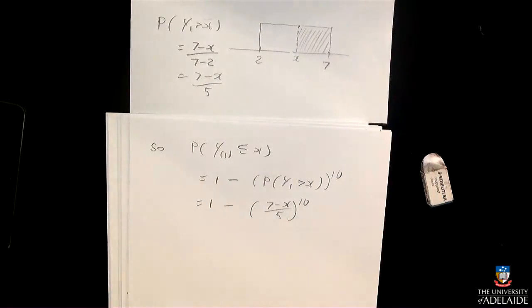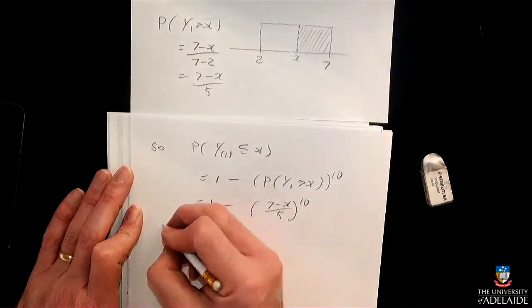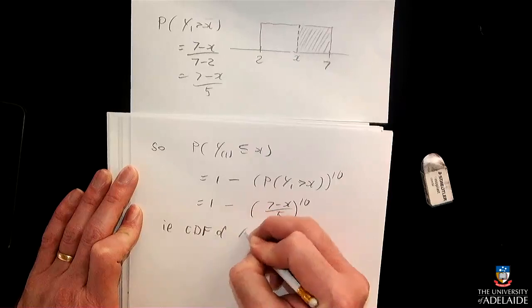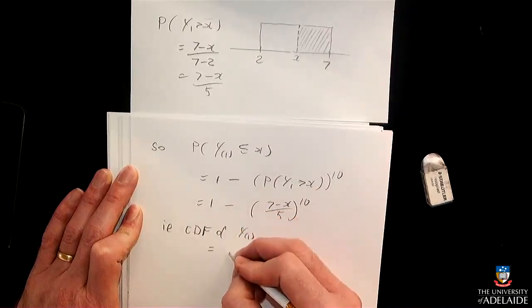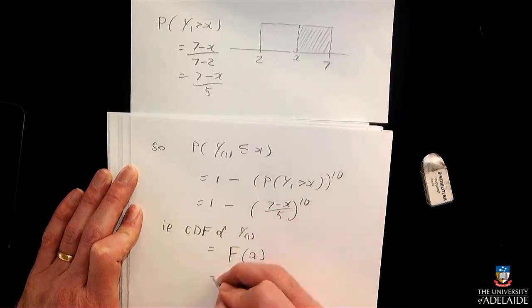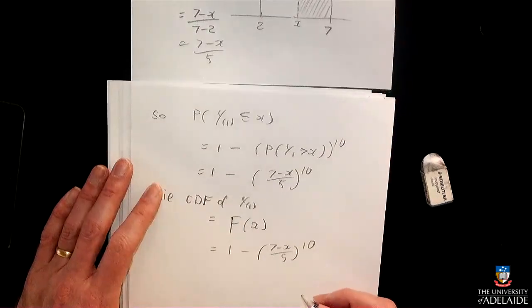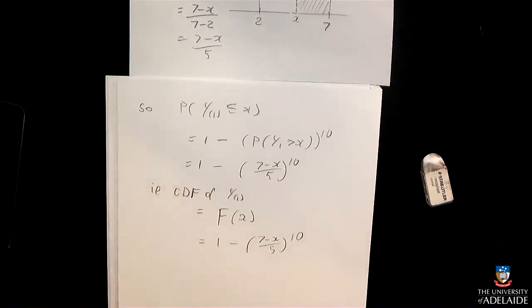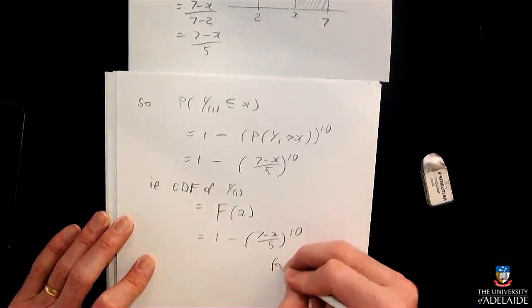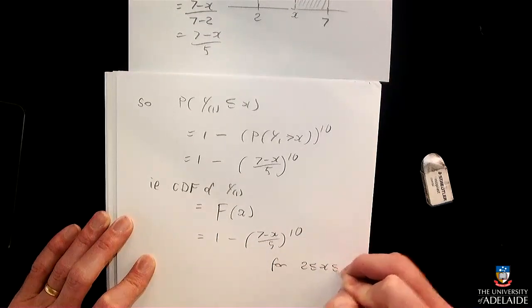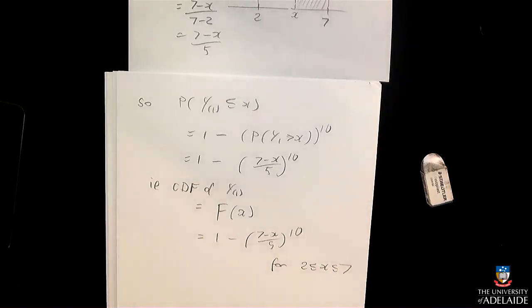Cool, so that's our cumulative distribution function, i.e. the CDF of y1, capital F. And technically it doesn't exist outside that, like it's 0 when x is less than 2 and 1 when x is greater than 7. Are we supposed to do the full details on that when we ask for these things? I guess we need to at least tell what the x could be.